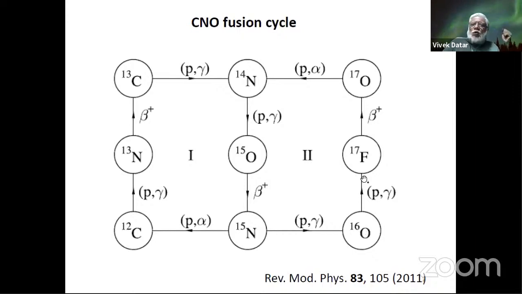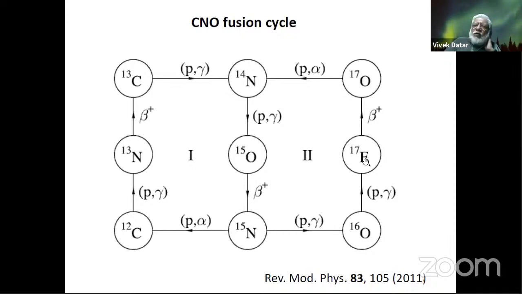Then the oxygen-16 goes through P gamma radiative capture to 17 fluorine, but 17 fluorine is radioactive. The only stable isotope of fluorine is 19 fluorine. So this is unstable. So is 18 fluorine, because 18 fluorine is used in PET tomography.